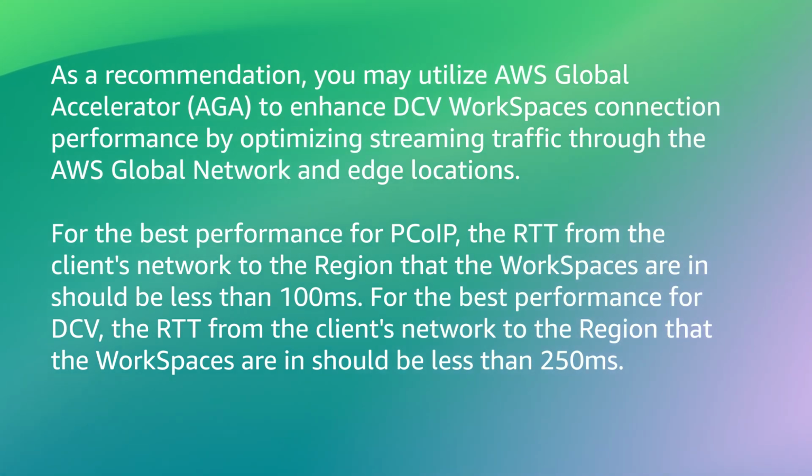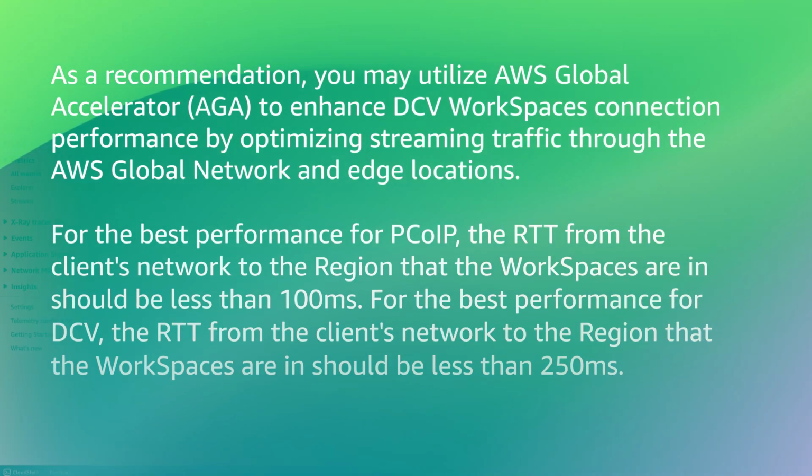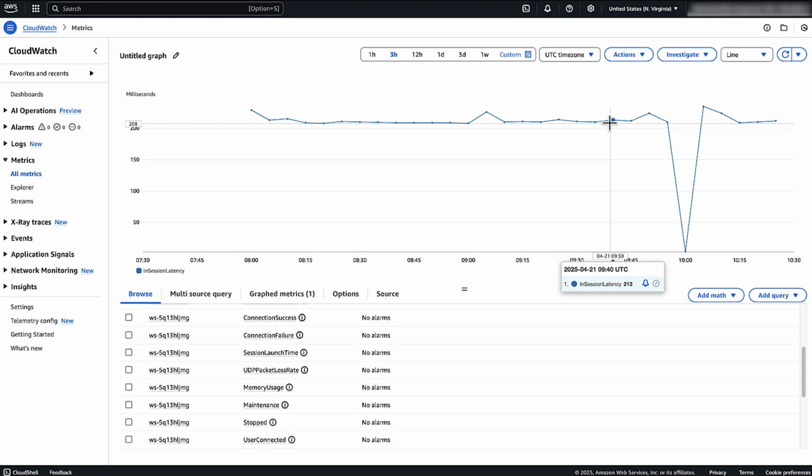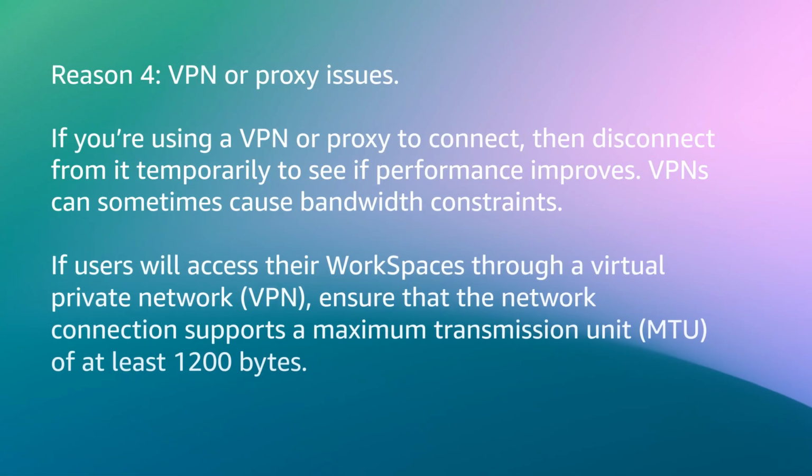For the best performance for DCV, the RTT should be less than 250 milliseconds. You can use Amazon CloudWatch metrics such as in-session latency to monitor the RTT between the WorkSpaces client and the WorkSpace.